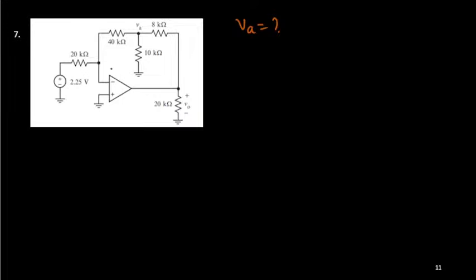Now you can see that if this one is perfectly connected to ground, so this is 0 volt, then this end is also 0 volt. We are assuming that negative feedback is there. Then whatever current is coming here, that is going through this side.